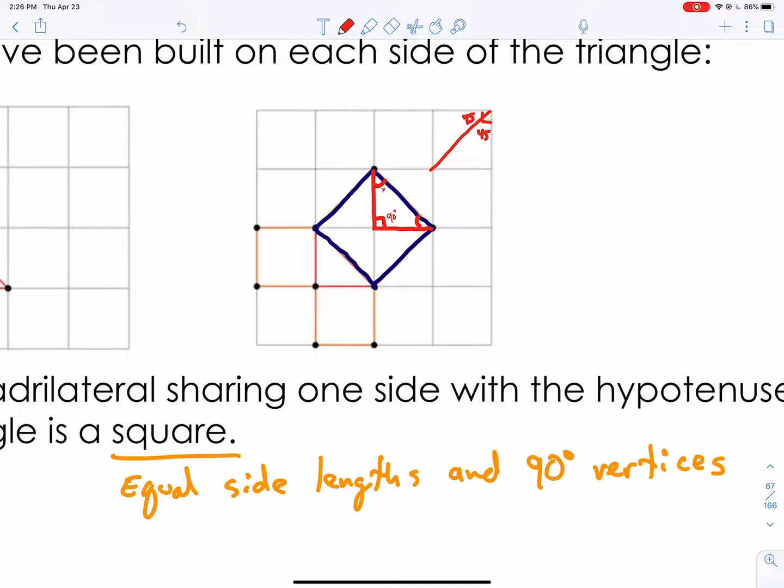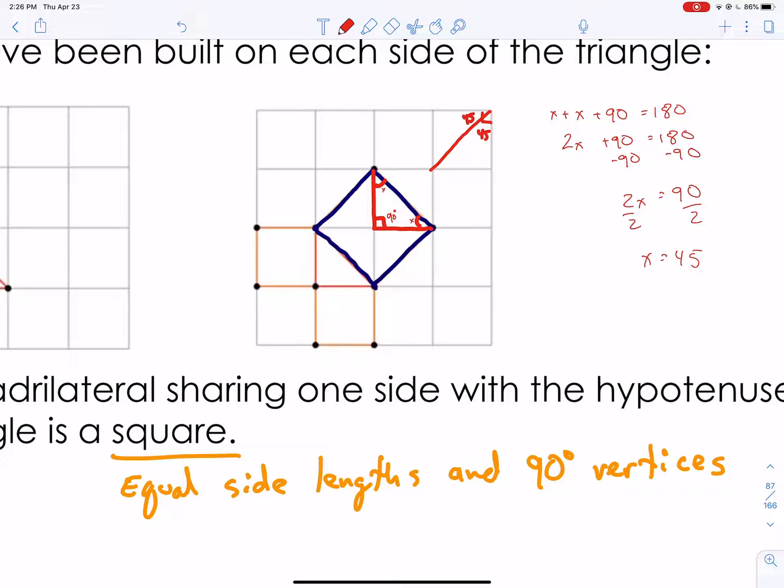So I'm going to call this x and also call this x. So I have x plus x plus 90 equals 180. Let's see if we get the same answer this way. So this is 2x plus 90 equals 180. Subtract 90 on both sides. I get 2x equals 90. Divide by 2. I get x equals 45. So each of those angles is 45 degrees.